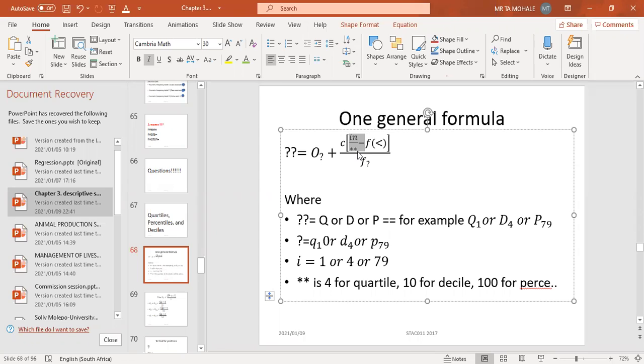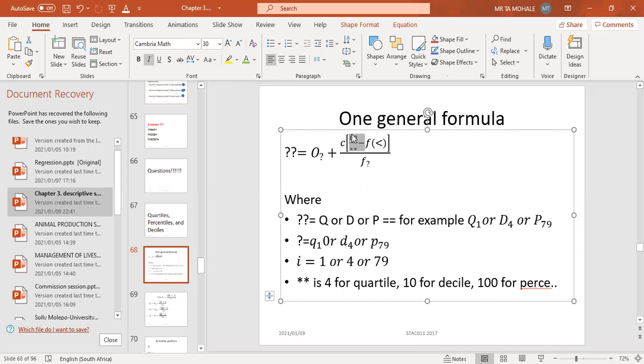If it's decile, you put 10. If it's percentile, you put 100. The I is just the value of whatever measure of location you are computing. If they say calculate the third quartile, where you see I, you put 3, multiply by n, and divide by 4.